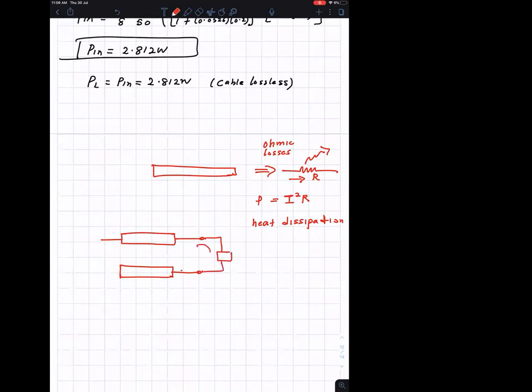The loss comes from the reflection at the load because of mismatch. And this was 50 ohms, right? What was the load impedance? 75. This is 50, 75. So yes, the mismatch here. And then there's another loss coming from here.